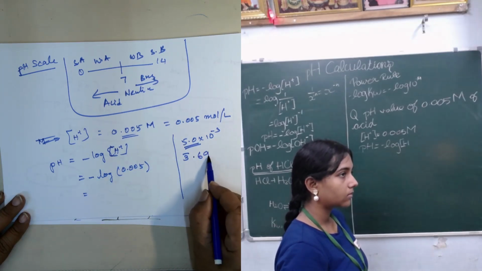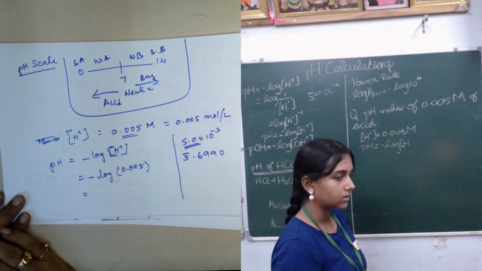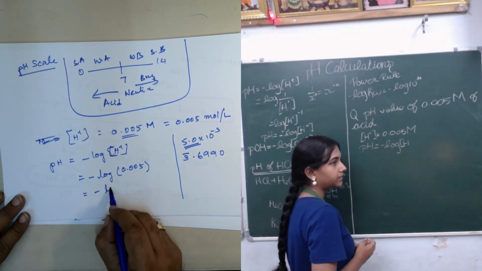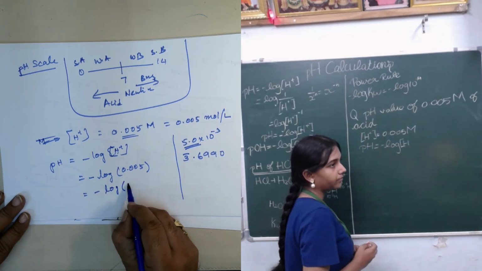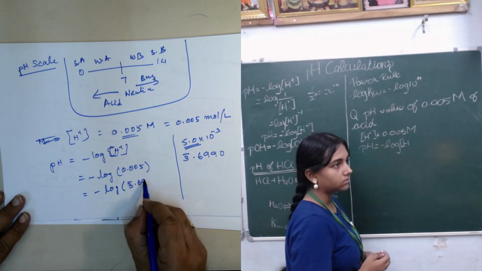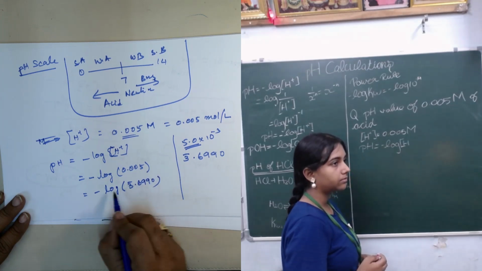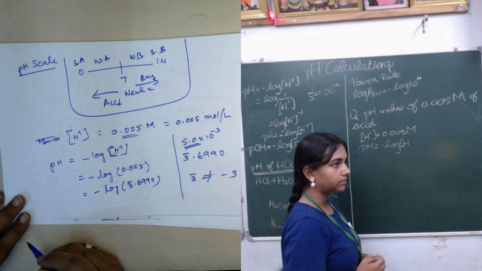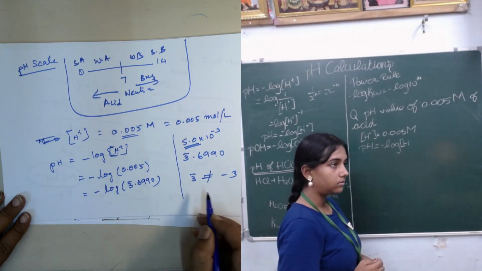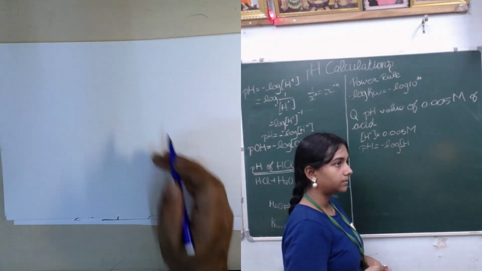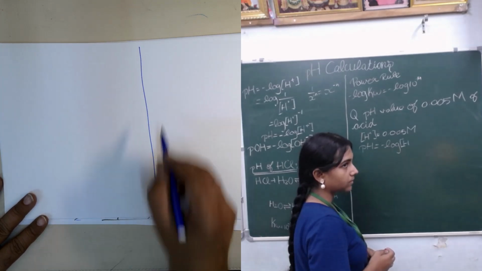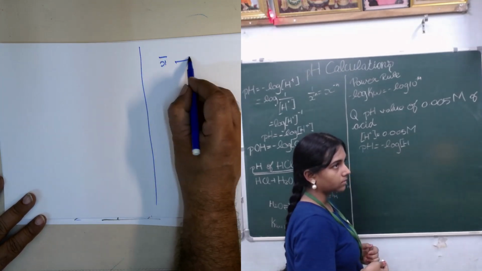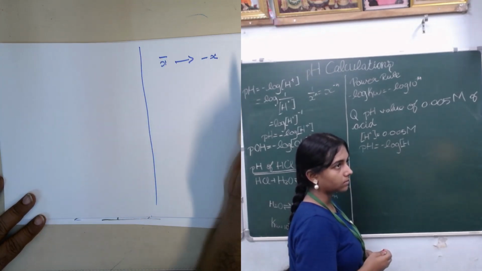That is 6990, right? Okay, so you can put minus log of 3 bar point 6990. But you must remember this 3 bar is not equal to minus 3 in the case of log. So you have to convert this into a minus term. That is, x bar should be converted into minus x.